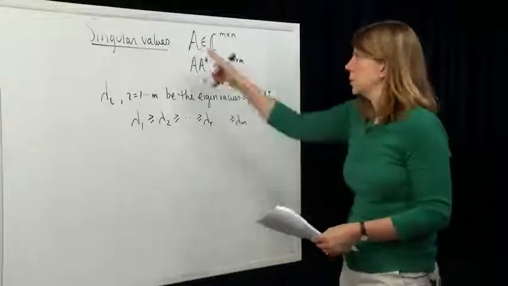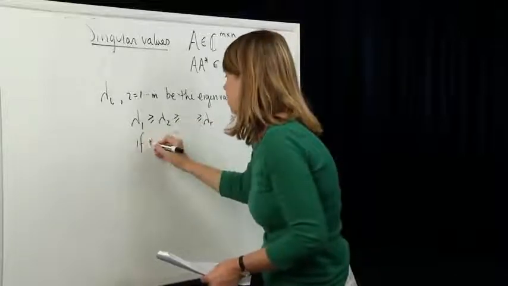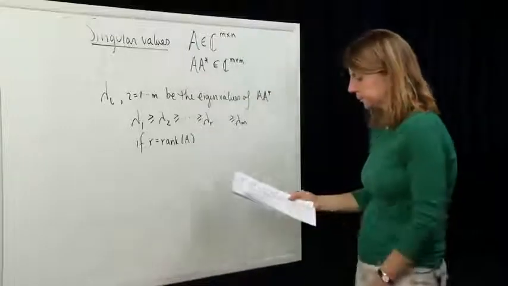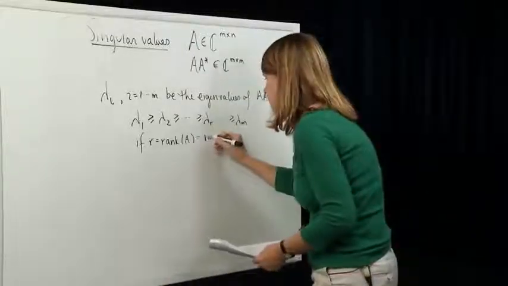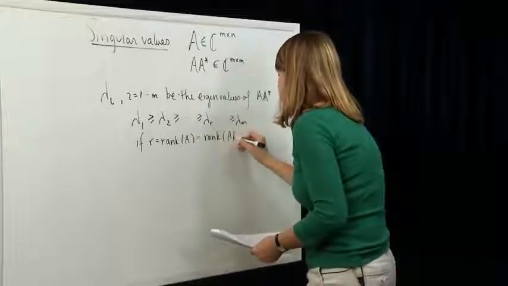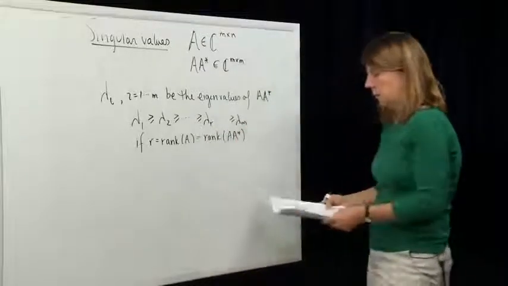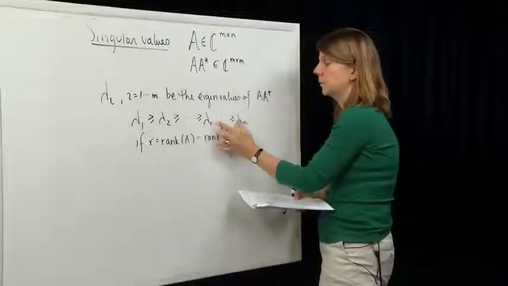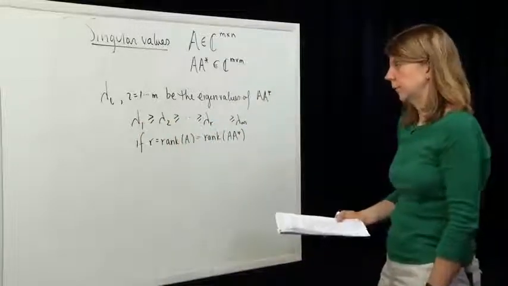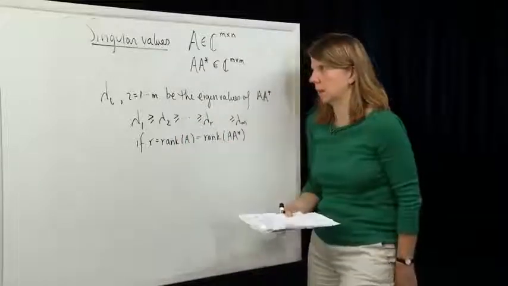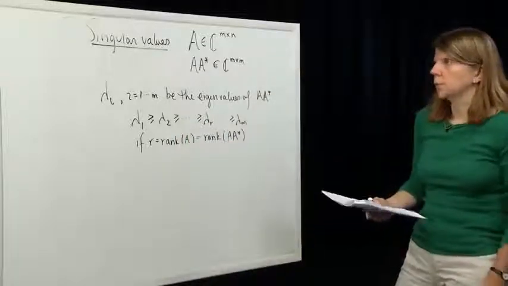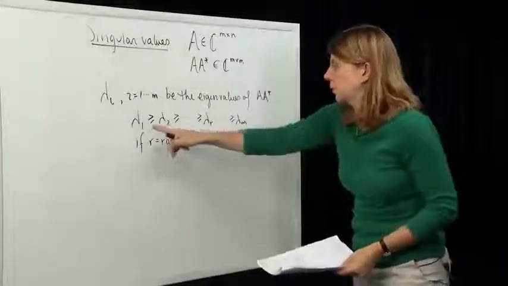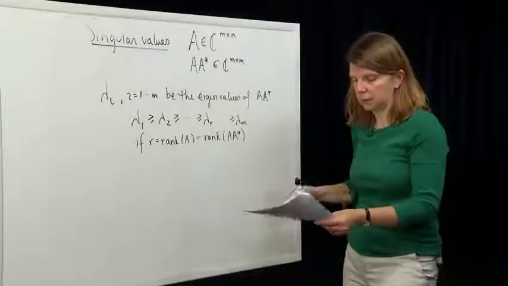And if r is the rank of the matrix A, then that's also going to be the rank of AA star. That means that these first r eigenvalues are all positive and the remaining eigenvalues are all 0. So there are r non-zero eigenvalues of AA star. We define the singular values of the matrix A to be the square roots of these corresponding eigenvalues.